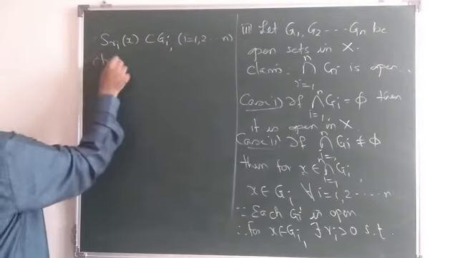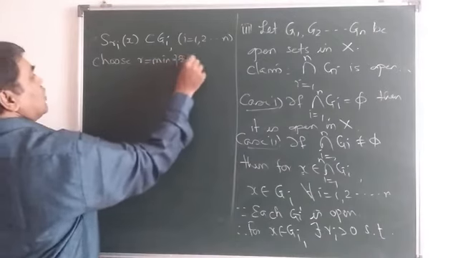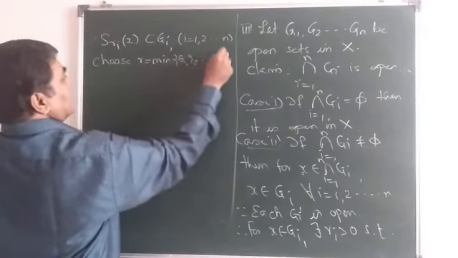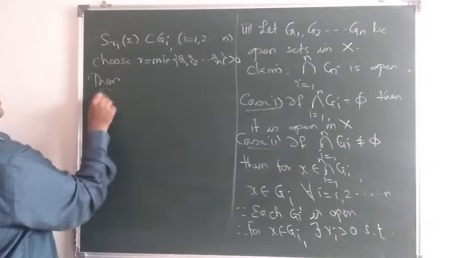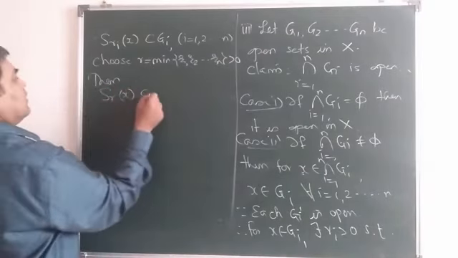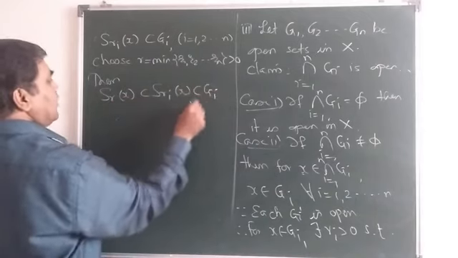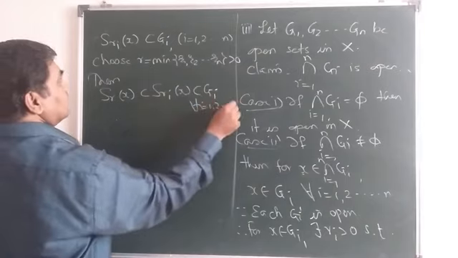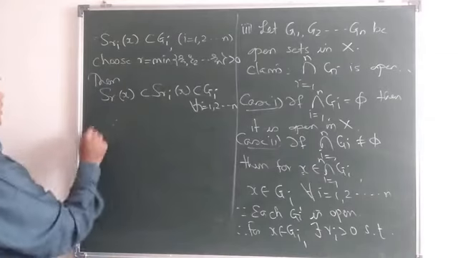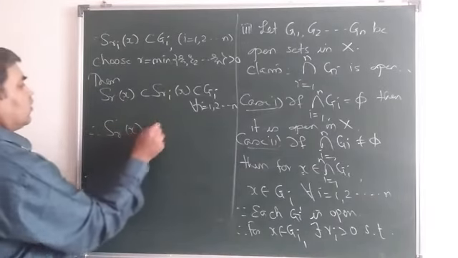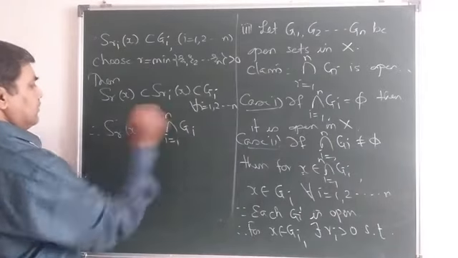Choose r equal to the minimum of r1, r2, up to rn, which is greater than 0. Then S(r, x) is contained in S(ri, x), which is contained in Gi for every i equal to 1 up to n. So S(r, x) is a subset of this, and therefore S(r, x) is a subset of the intersection of Gi, i equal to 1 up to n.